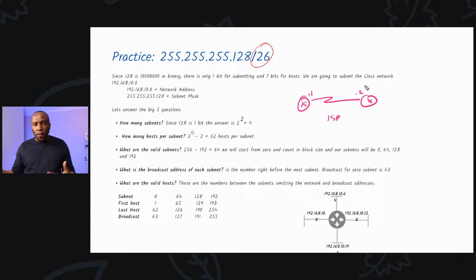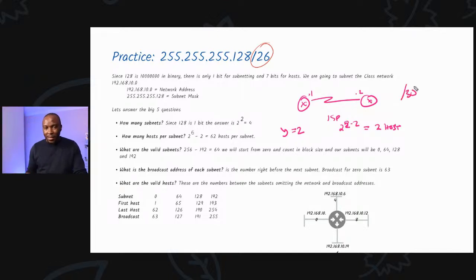For us to have 2 hosts, we need Y to be equal to 2, because 2 to the power Y minus 2, when Y is equal to 2, is 2 to the power 2 minus 2, which is 4 minus 2, equal to 2 hosts. So when we have what we call a /30 subnet, that allows us to have 2 hosts per network.